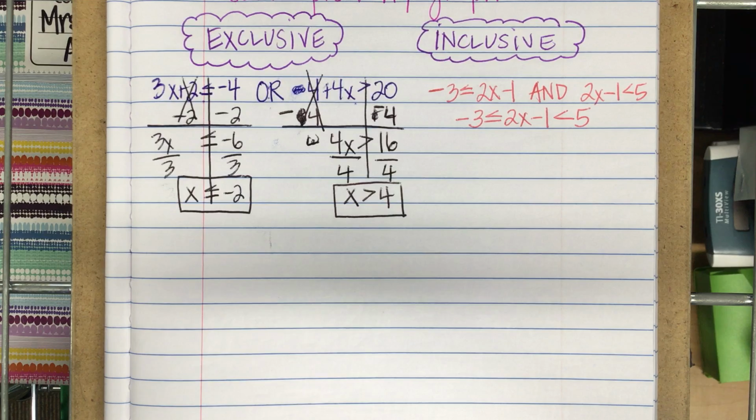For your graph of this exclusive inequality, you only have to have 1 number line. I'm going to show you this, though, on 3 number lines. Your homework, you only have to draw the last one. But we're going to do 3 right now to talk about why it exists.